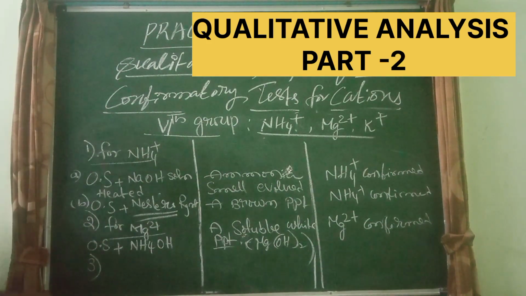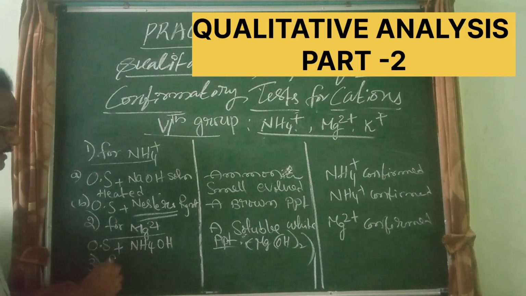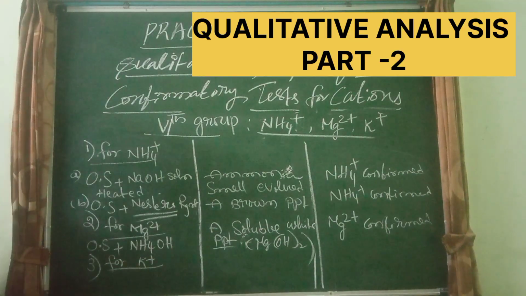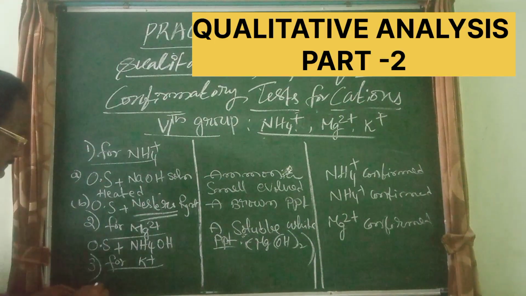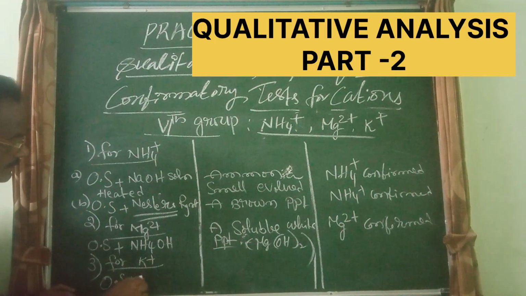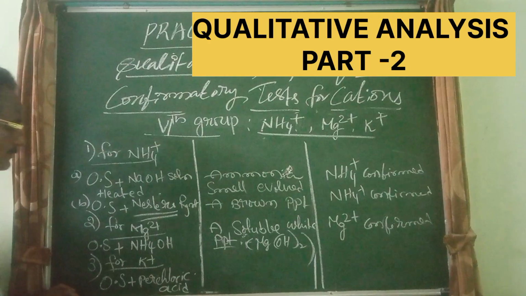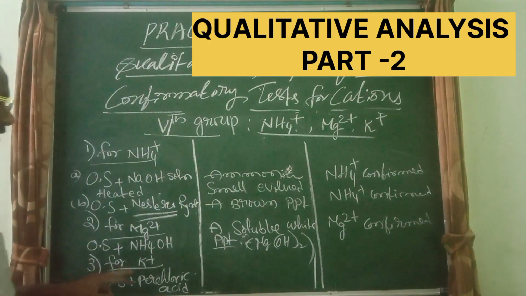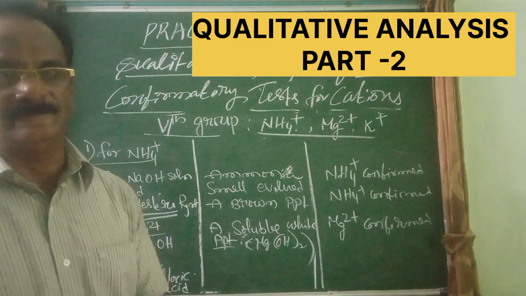Number 3, the last cation of the analysis. This is also a 6th group cation, but it is very rare in laboratories. For K+, this can be confirmed by adding perchloric acid to the original solution.